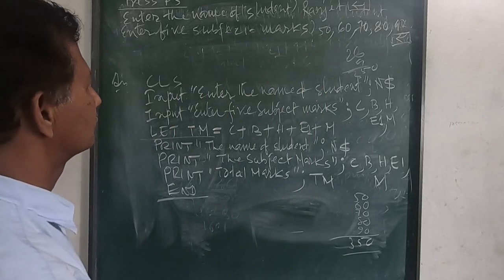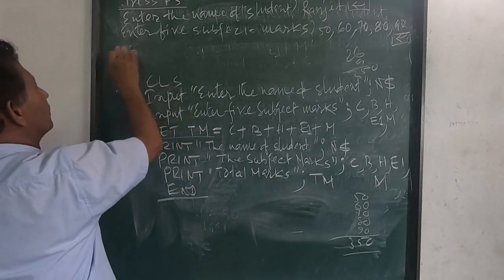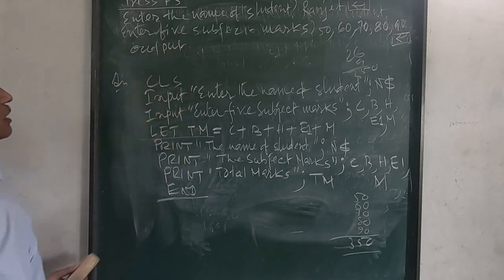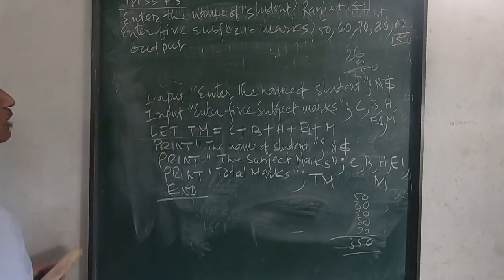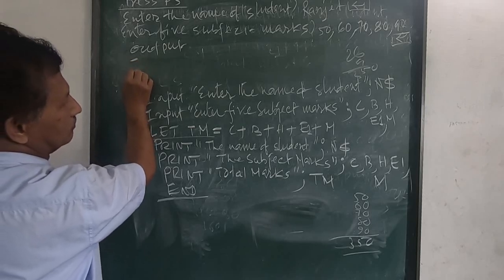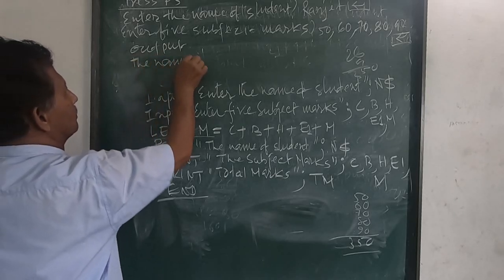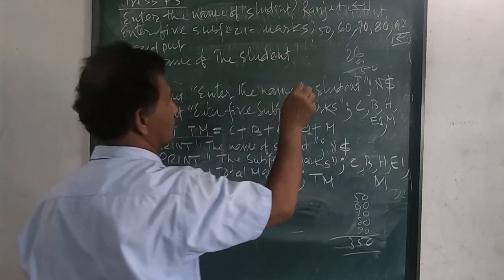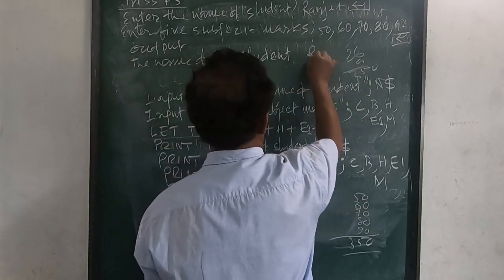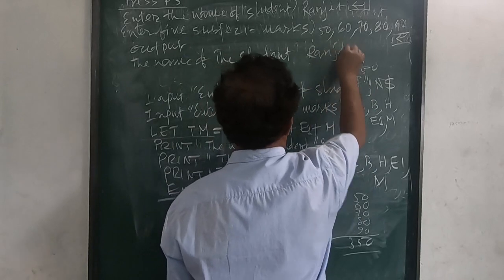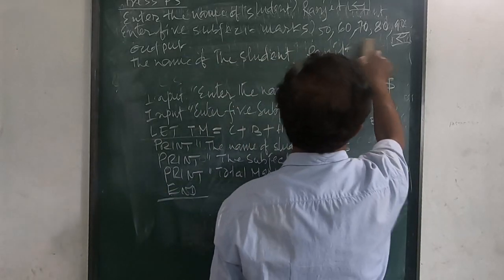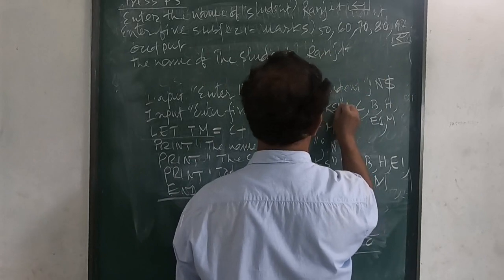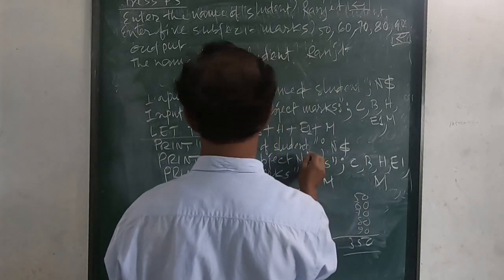Output. Now press F5. The output will look like this: the name of the student, column, Ranjit.